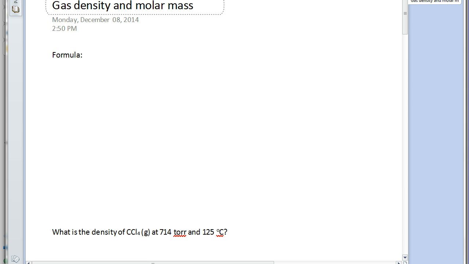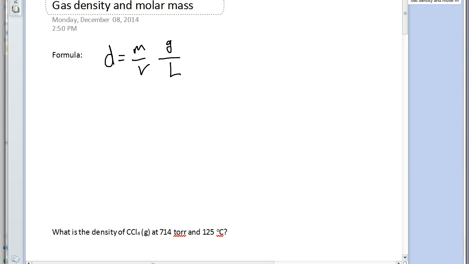So first off, we have four different formulas that have the potential for coming into play. One is just a basic density formula: density equals mass divided by volume, that's used quite often. And for gases, this density is usually measured in grams for the mass and liters for the volume as our units.